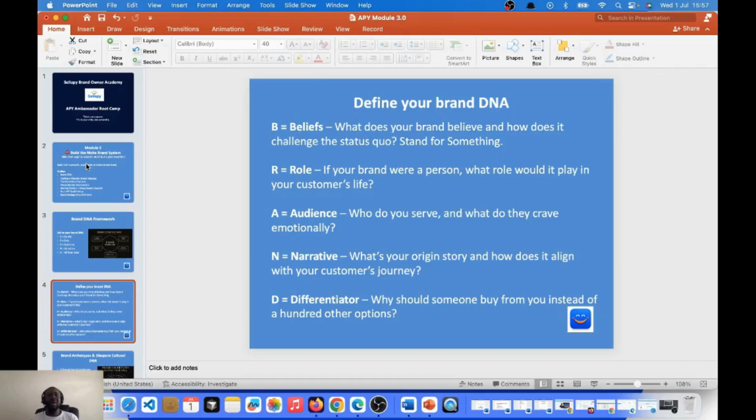Which is why I said you have to build your brand around a particular avatar, around a particular ideal customer profile, which we have talked in depth about in module 2.